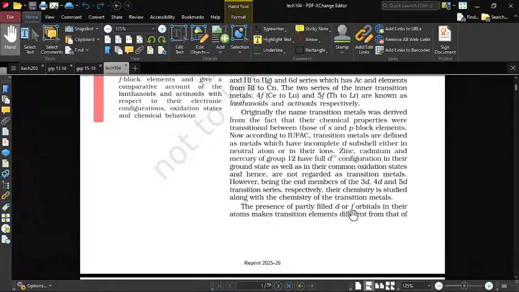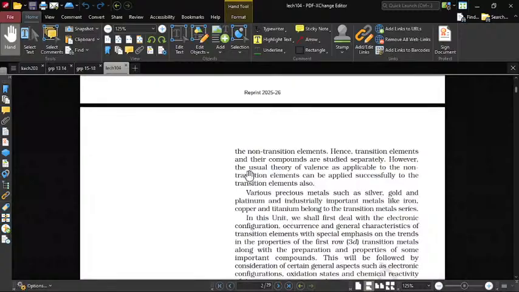The presence of partly filled d or f orbitals in their atoms makes transition elements different from non-transition elements. Hence, transition elements and their compounds are studied separately.